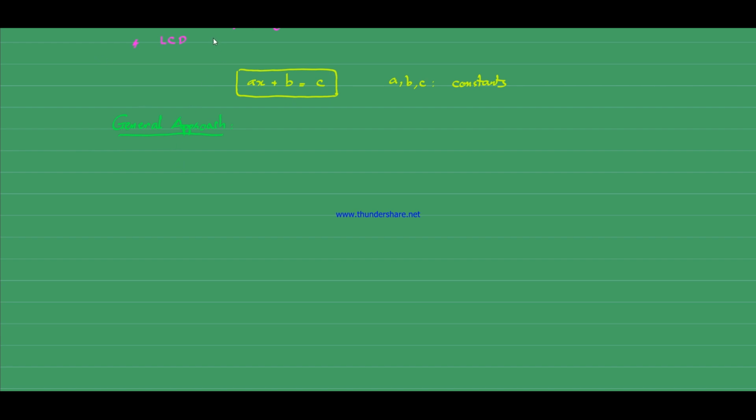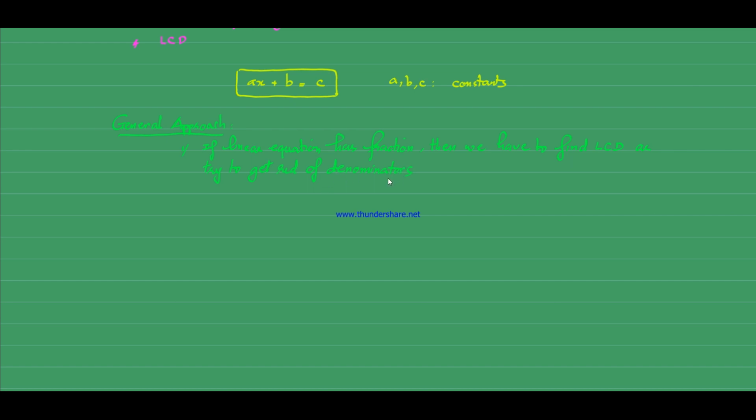So the first step is: if your linear equation has fractions, then we have to find the LCD, or try to get rid of the denominators.